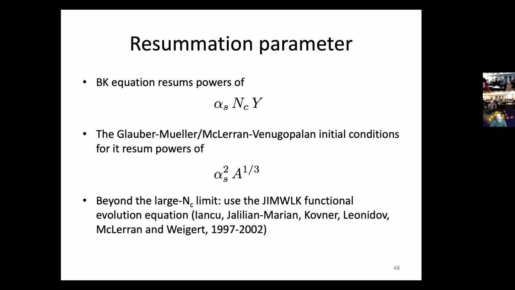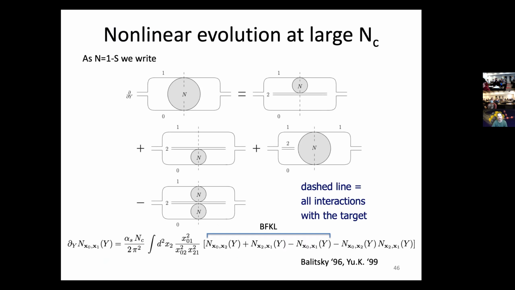You have double traces of Wilson lines. Things get very, very complicated. So the point is the equations don't close. At large N_C, you have a dipole amplitude on the left and a dipole amplitude on the right, so the equation is closed. Beyond large N_C, the equation doesn't close. So it's not something you can easily solve, even numerically.